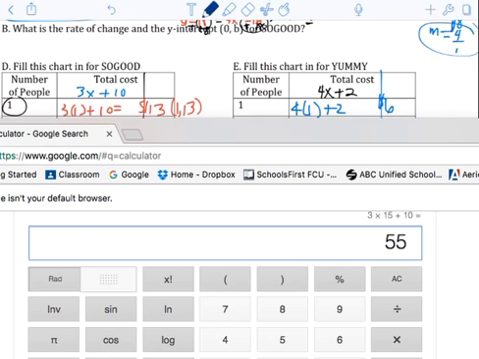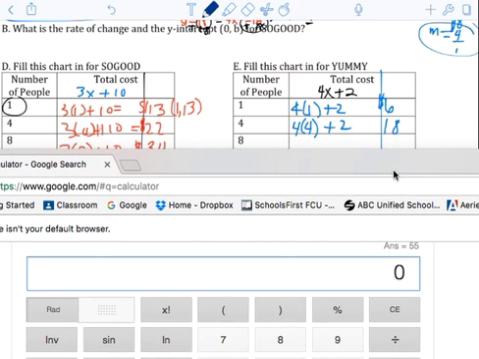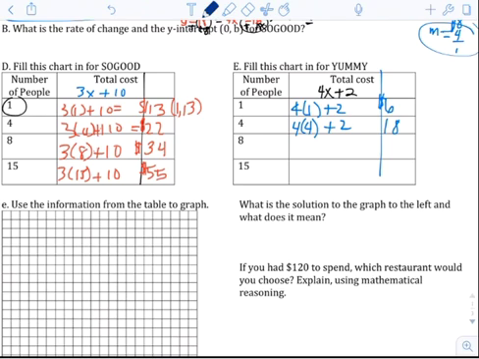You're only paying $18 here. Put it on your calculator if you're not sure. Okay. I'm going to minimize it so you can see. Use your calculator. 4 times 8 plus $2, $34. Look. 8 people. Yummy charged $34.